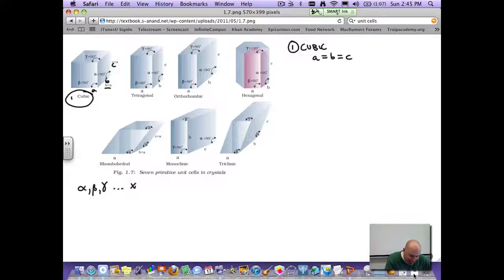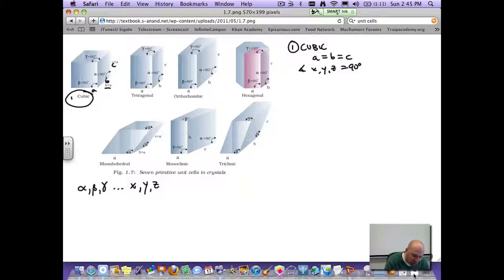If you don't mind, I'm going to use X, Y, and Z. But basically, X, Y, and Z are all 90 degrees. That's a cube. Okay, I won't take as much time with the other ones, but a cube, X, Y, and Z are all 90, so we've got this nice common arrangement.